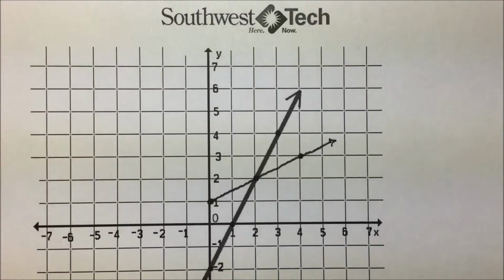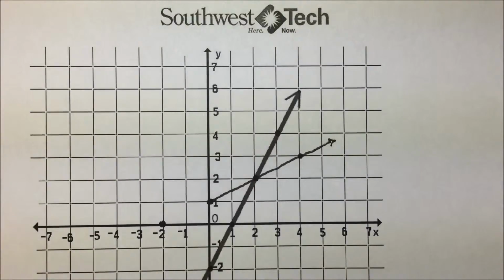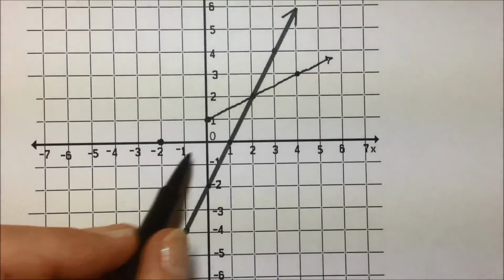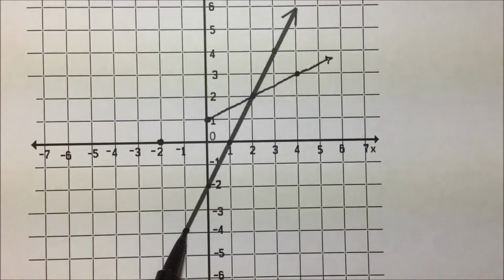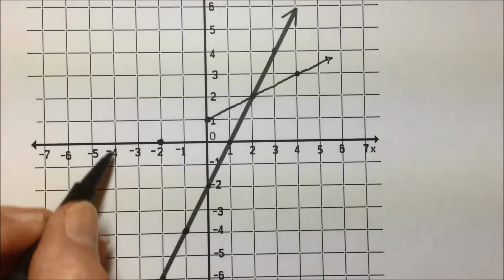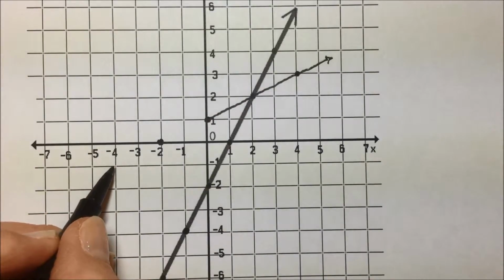And just to show you some other points, the point of our original function has the coordinate 0, -2. Turning that around, in other words, switching your x and y, would make it a -2, 0. That puts it here. The point of our original function with the coordinate -1, -4: the inverse is interchanging or flipping those coordinates, so it would be a -4, -1.